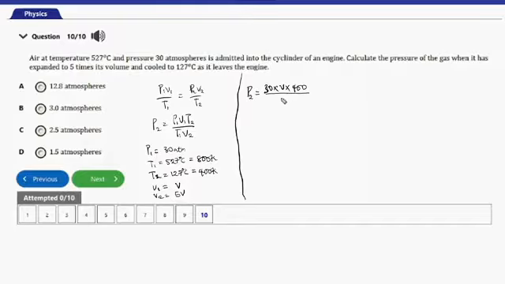So this will be over the T1, which is 800, times the V2, which is 5V. So guys, when we just go ahead and calculate this all together, we'll have 3.0 atmosphere, and that's option B here. So guys, option B is the answer to this question.